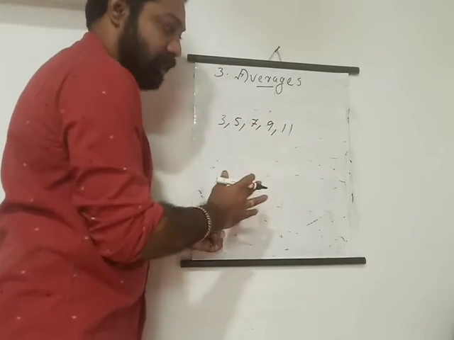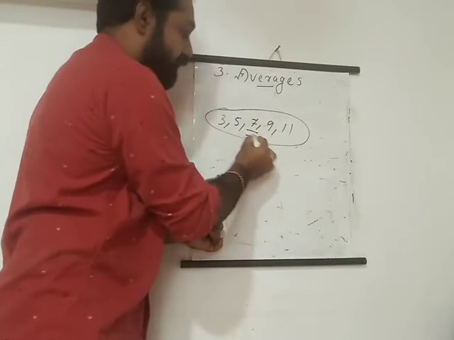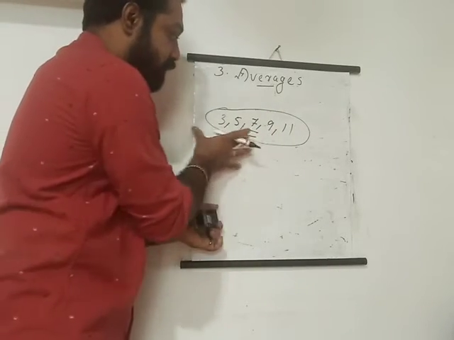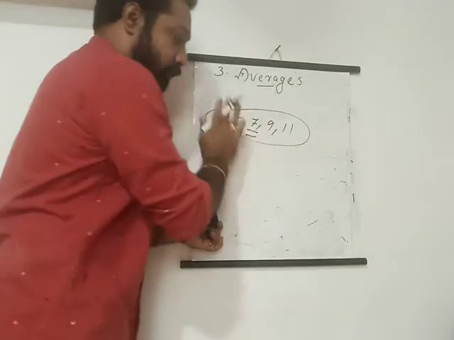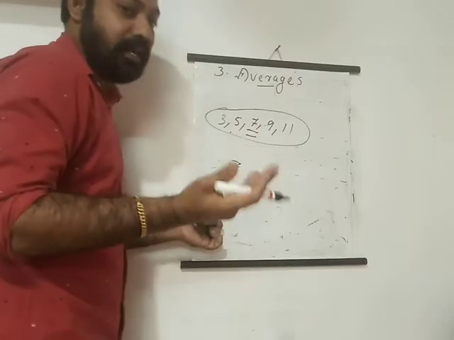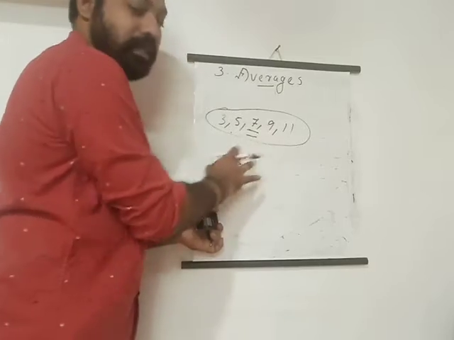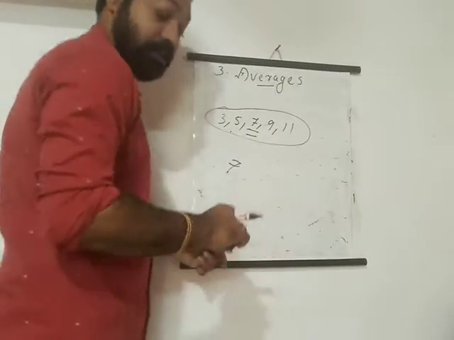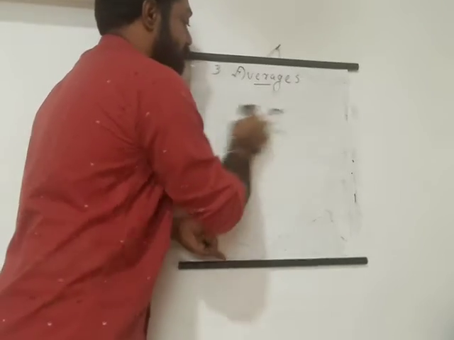The answer is between these numbers. It is not necessary that we get a number from the given ones. It can be any number, but there will be some relation, which you will study later.